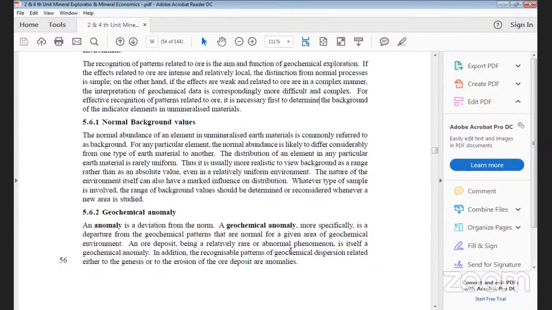Before going to that, we have to know the background values of different elements.